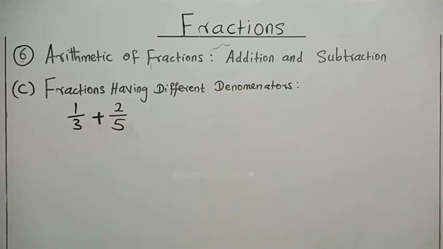If the same orange had been broken into 5 and 2 picked, you can't expect 1 picked out of 3 portions added to 2 picked out of 5 portions to give us a straightforward answer. To make it possible to add 1 over 3 to 2 over 5, we should ensure that we reconstruct this 1 over 3 and 2 over 5 to new fractions that will possess the same denominator.